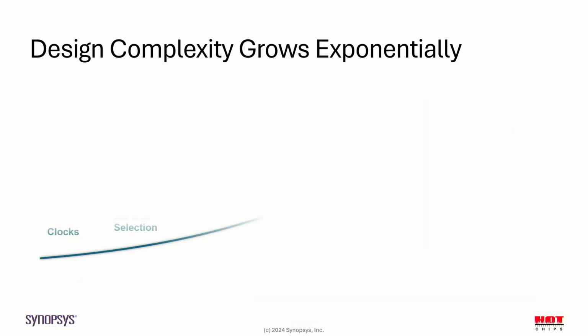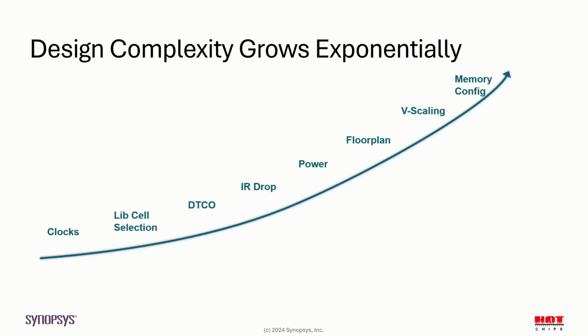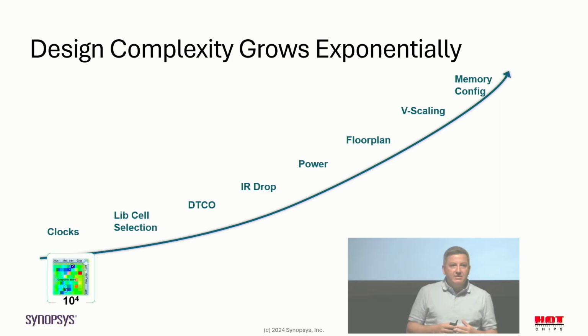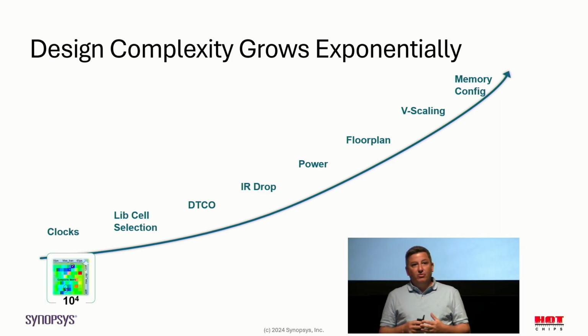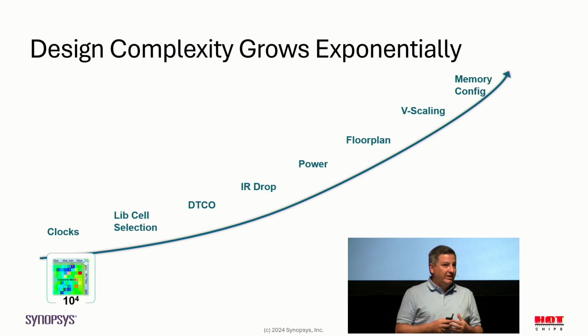Now, the effect of this is quite profound, particularly as the design complexity grows. If I were to think of all these problems that I mentioned before as standalone, self-contained problems, you can see that, for example, clock optimization has a lot of options, maybe 10 to the fourth potential outcomes in a medium complexity design.